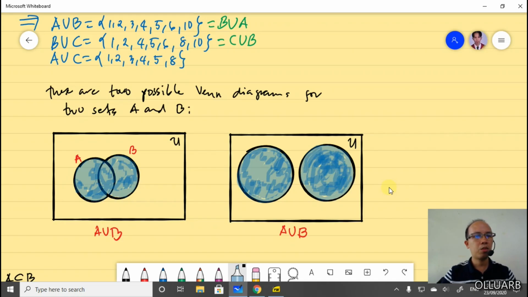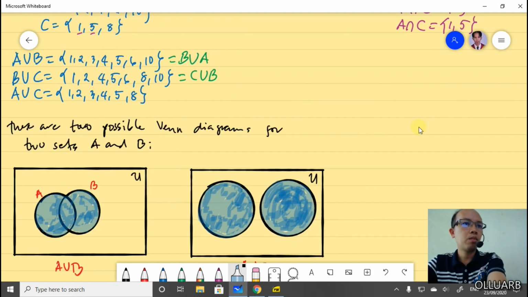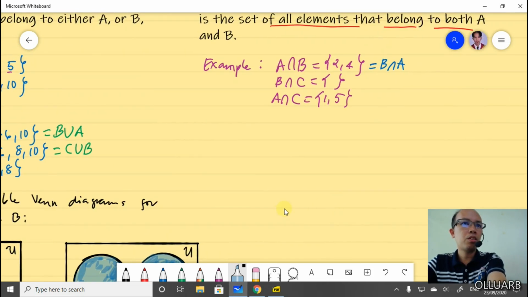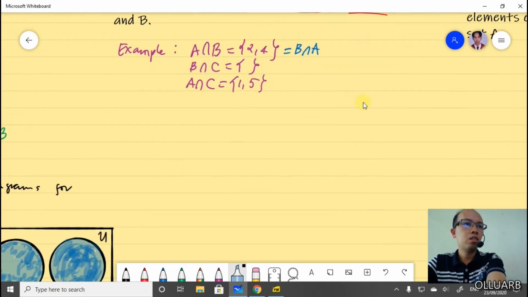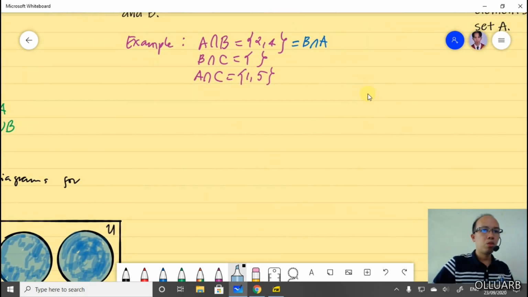This is how you're going to shade the region using a Venn diagram. These are the two possible scenarios on subset using a Venn diagram. For the intersection, there are also two ways. Okay, for the intersection, let's see here.